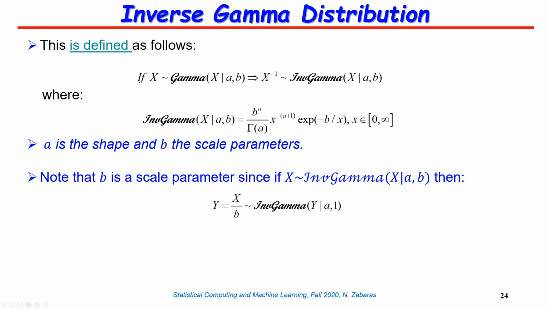It would have been better if I had written here if y, 1 over x, follows an inverse gamma and I put a y there. And maybe here I should have put also inverse gamma of y and put y everywhere, okay? Because I don't want you to confuse the x that comes in the gamma distribution with this new variable x that follows an inverse gamma distribution.